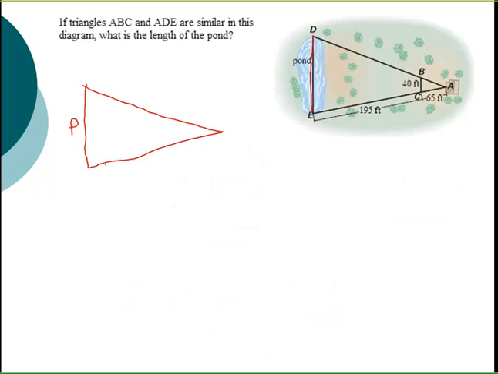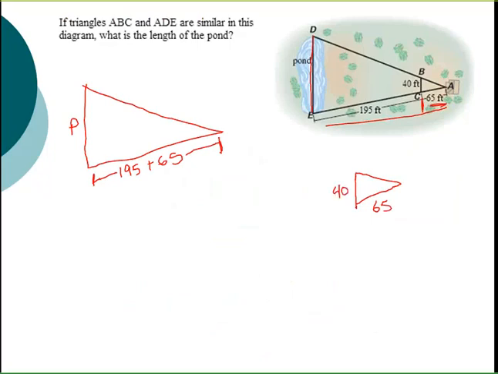And you've got a total here of 195 plus 65 to get the total distance there. It doesn't tell us the total distance here. It just tells us that from here to here is 195, and then there's an extra 65 there. And then you've got your extra small triangle where they tell you this is 65 and this is 40.